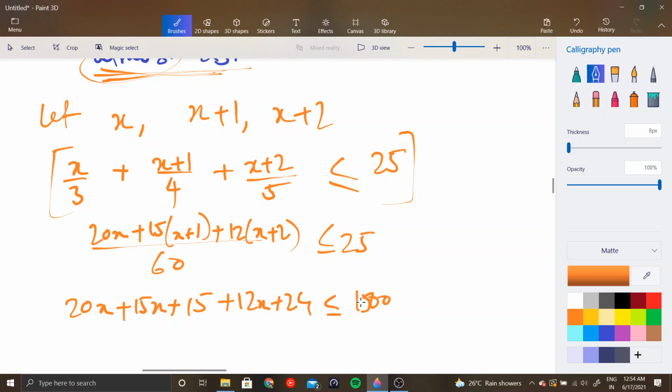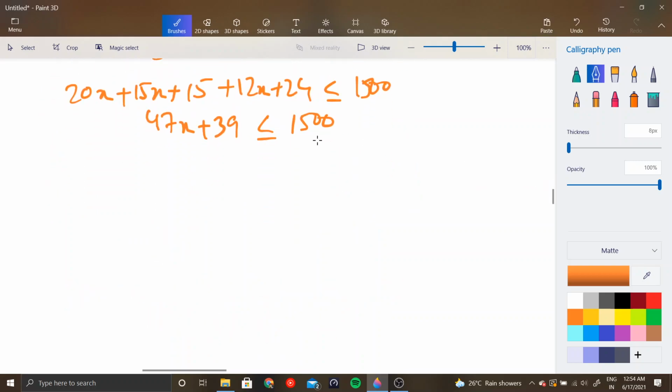So 47x plus 39 is less than or equal to 1500, right? Okay, sorry, 47x is less than or equal to 1461. So if you solve this, it will come as x is less than or equal to 31 4 by 47, right? This will come as this.